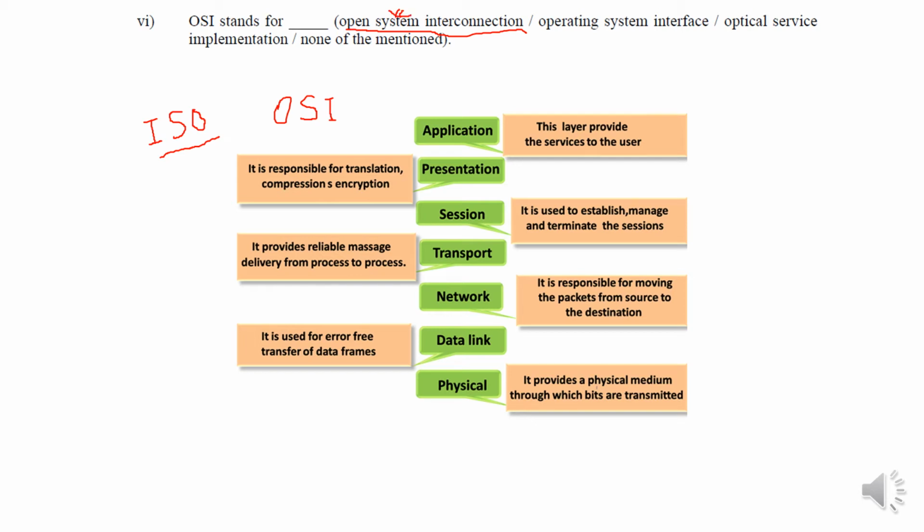So it is open system interconnection, because the other options, like operating system interface, or optical service implementation, are not at all possible. So even if we don't know the full form of OSI exactly, if we have an idea about the OSI model, then we can answer this question. This will be open system interconnection.